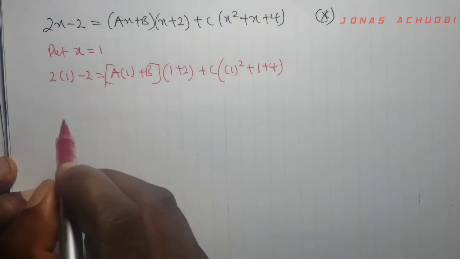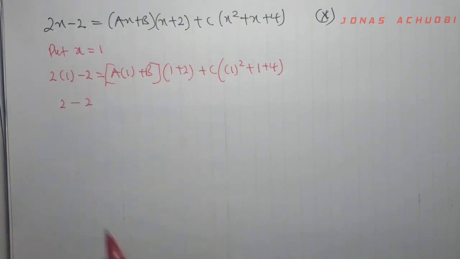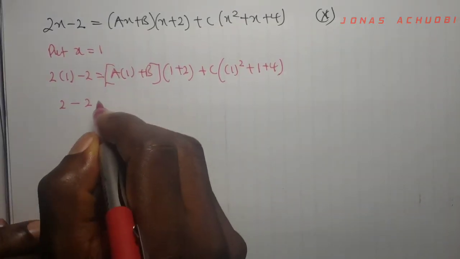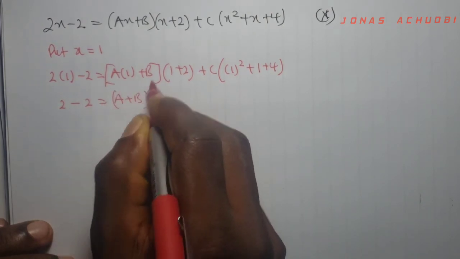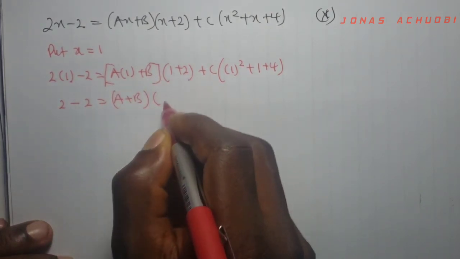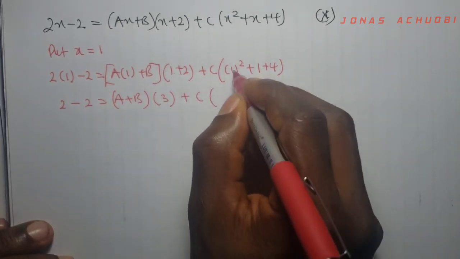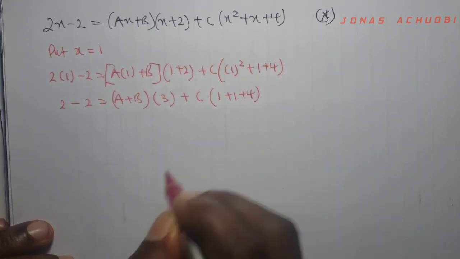So 2 times 1 is 2 minus 2. Then a times 1 is a plus b. Outside 1 plus 2 is 3 plus c into 1 squared is 1 plus 1 plus 4.